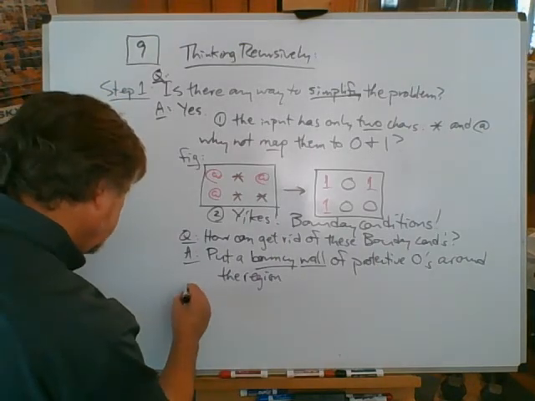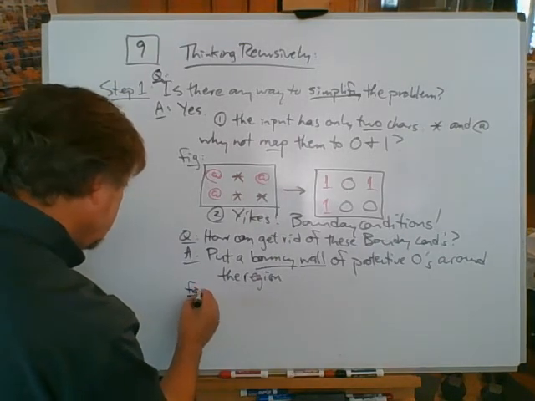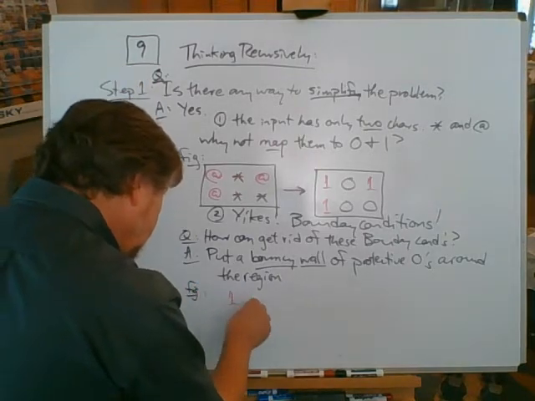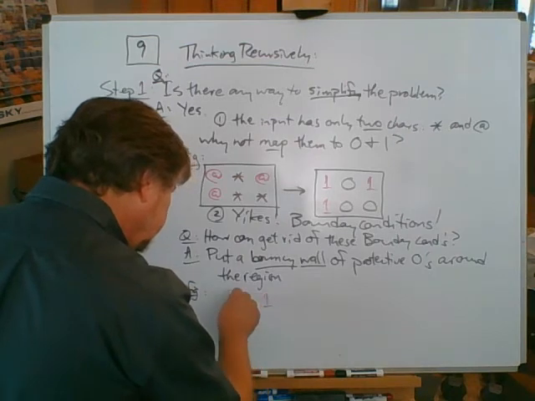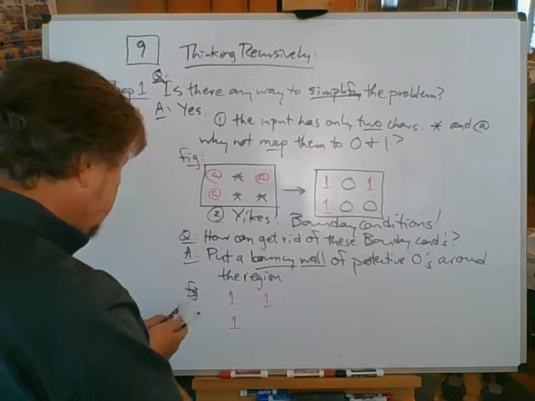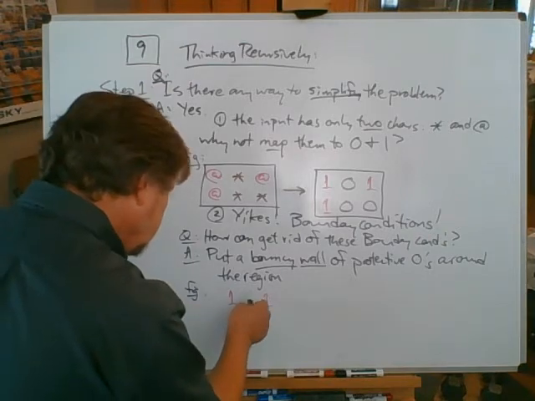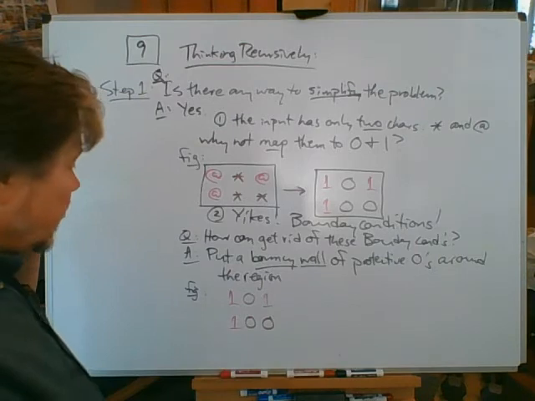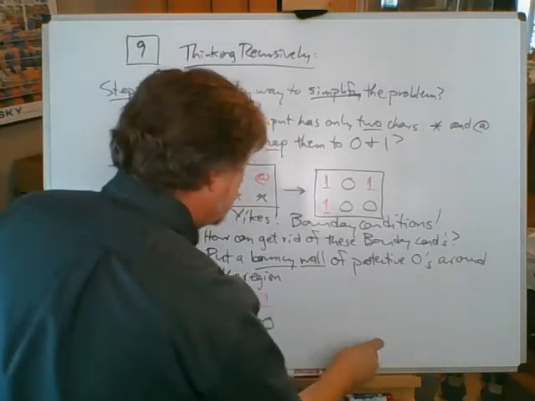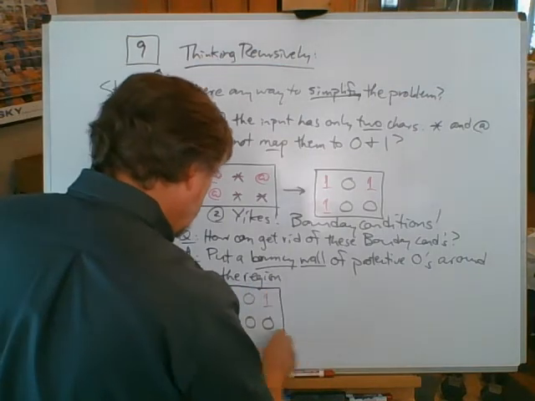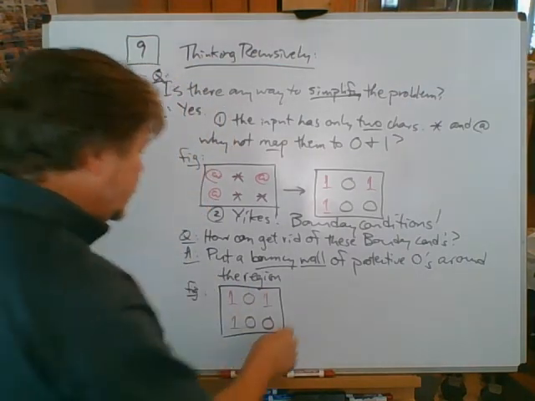Here's the fig. One, 0, 1. And then downstairs, 1, 0, 0. There. That's my original entire region where I'm going to search for oil with the ugly, weird characters finessed away.